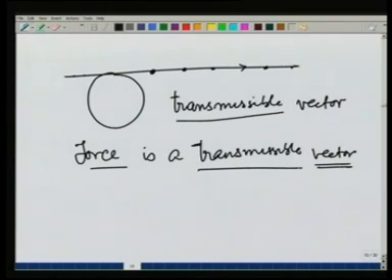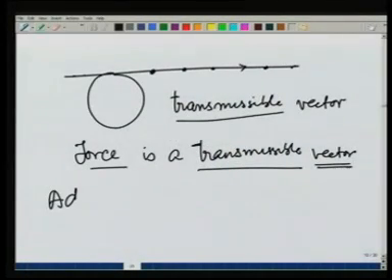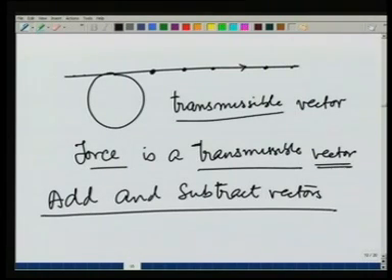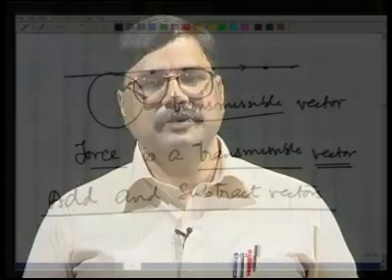Okay. Having talked about equality of vectors and transmissibility of vectors, let us now see how do we add and subtract vectors using our graphical method. This is more or less a review, because I am sure you have learned this in your 12th grade.